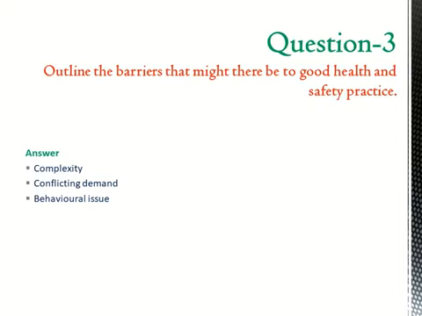Say there is an employer, or an HSE department, who wants to properly implement good health and safety practice at the work site, but even so he is not able to, because he is facing some problems. So what problems might he face in maintaining and promoting a good standard of health and safety practice?